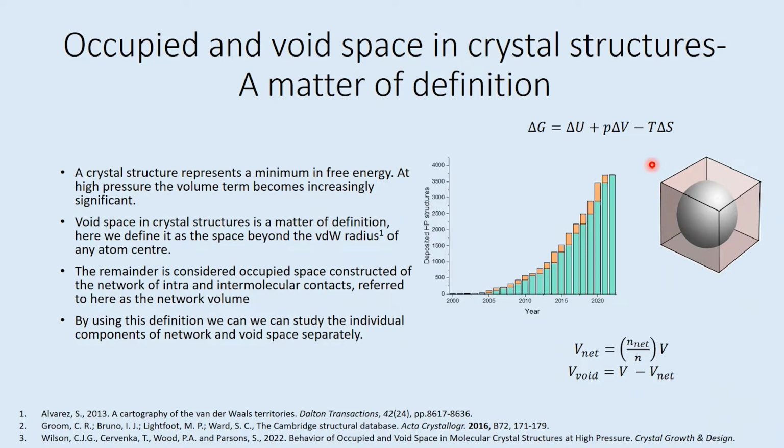We can build this model up to look at crystal structures by considering our box being our unit cell and our spheres being lots of individual spheres at atom centers with radius defined by their van der Waals radii. Using these equations down here, we can quickly build up a way of calculating this void and occupied space in crystal structures. And it actually turns out that by studying these two volumes separately, we get some quite interesting behavior come out.